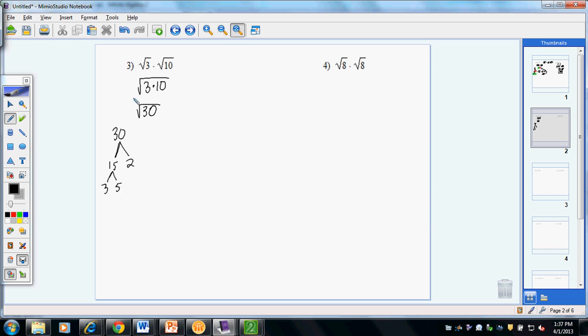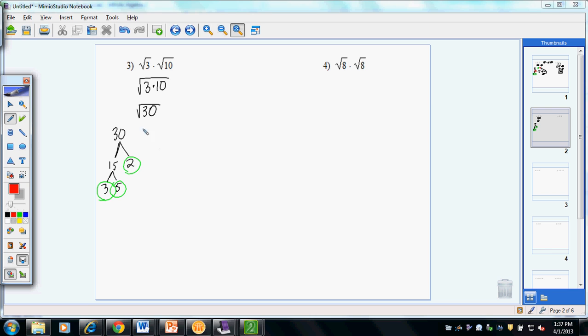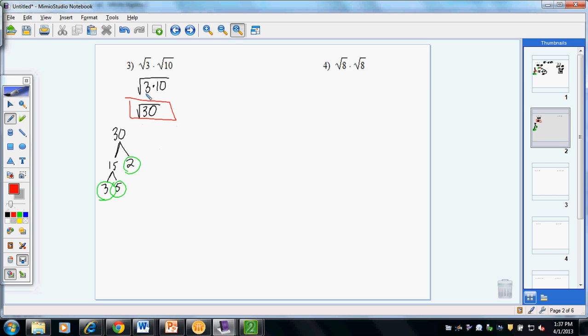Well, now that I have used prime factorization and reduced this to the primes, I see that I do not have any pairs of numbers. So in fact, this is our simplified answer. We can't go any further than that right there.